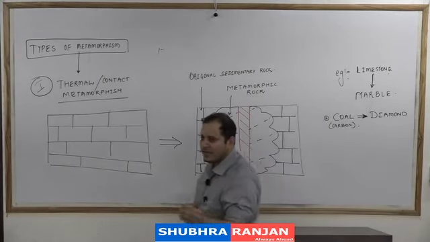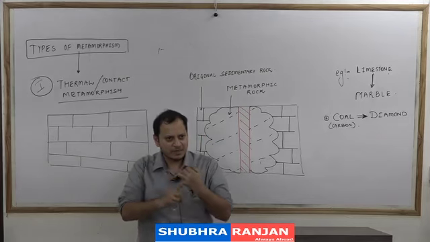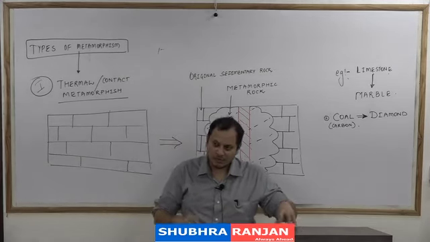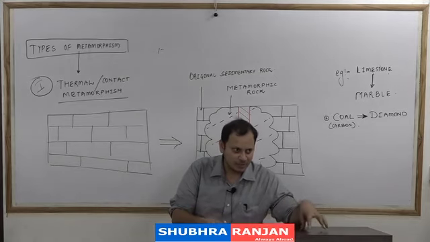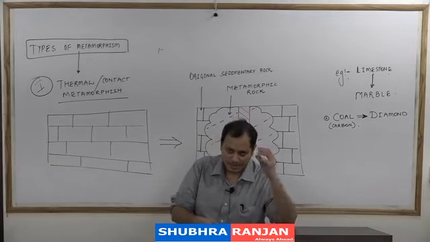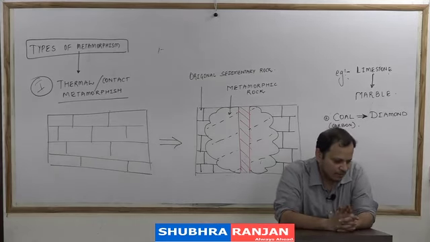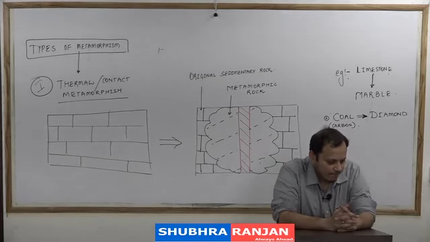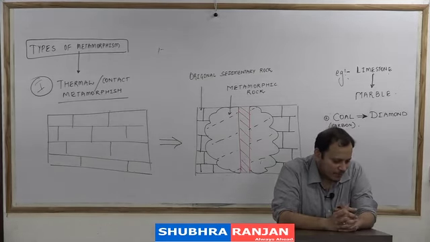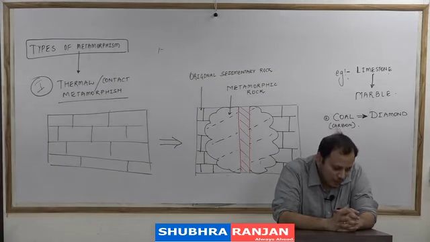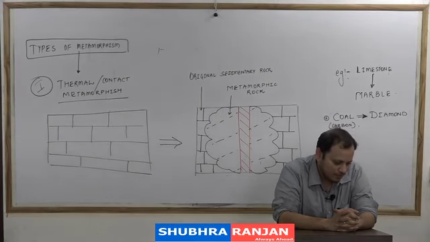This original rock can be any rock. It can be metamorphic, it can be igneous, it can be sedimentary. Metamorphic rock है तो फिर से वो metamorphic हो जाएगा. That is what is known as remetamorphism. It changes the rocks which comes in contact to a new metamorphic rock.